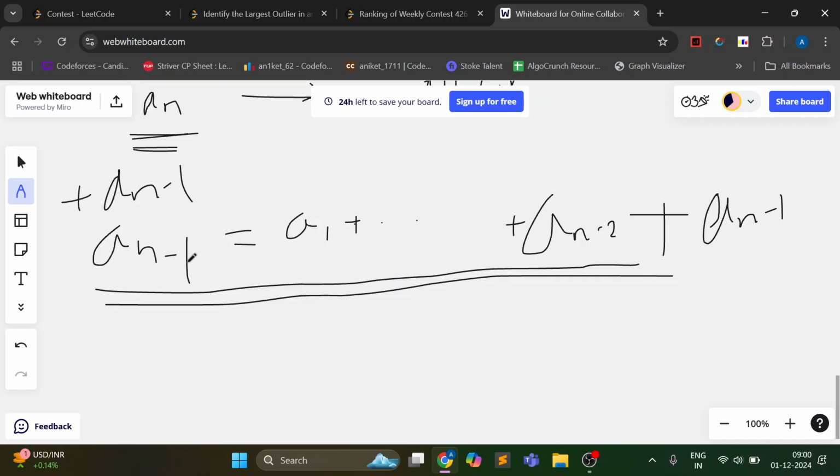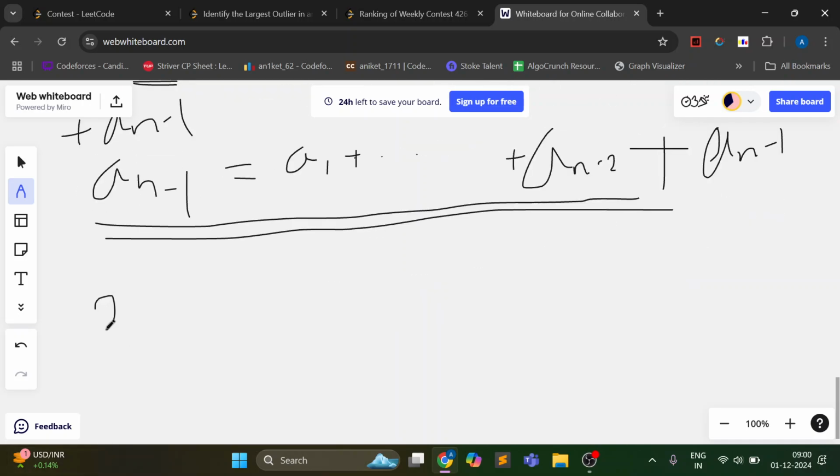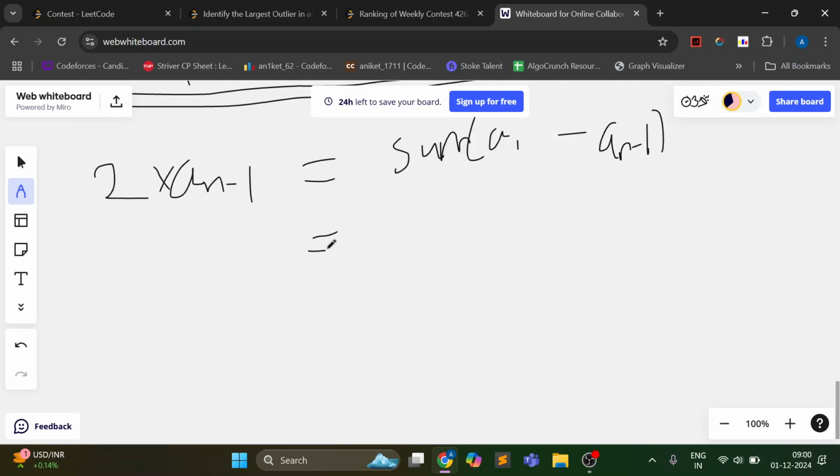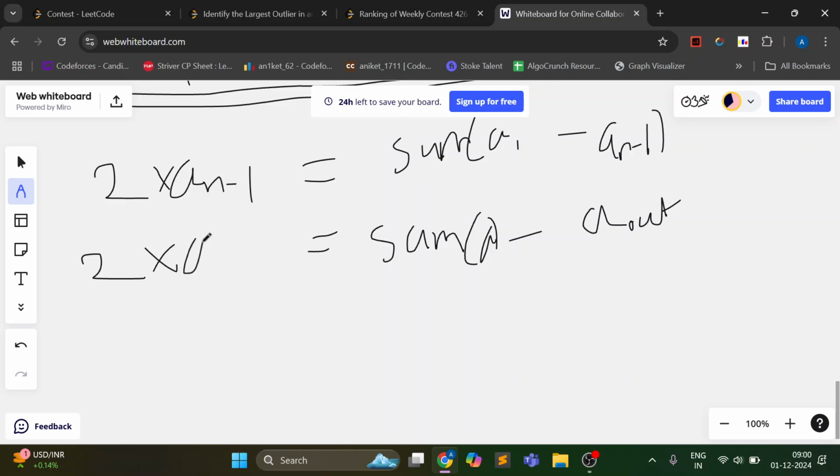So this would come out to be 2 into an minus 1. This would be the sum of all elements from a1 to an minus 1, or we can say sum of whole array minus the outlier. And this would be 2 into an minus 1.